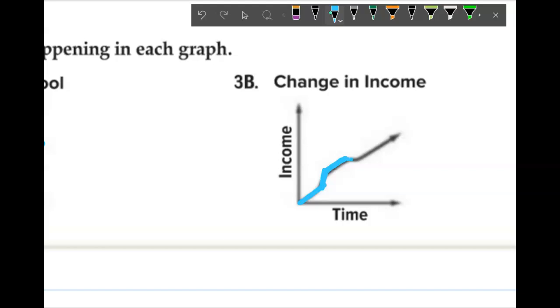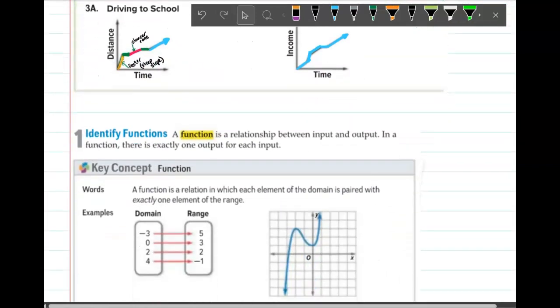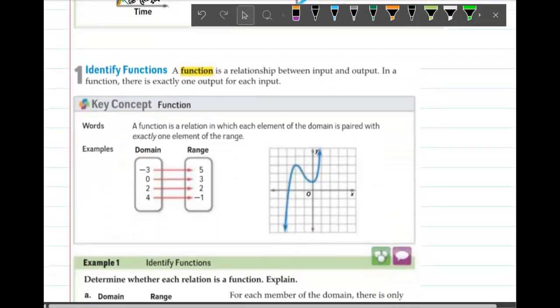And then for a few years, they didn't get a raise because the slope is 0 there. And then again, from that point forward, they were continually getting a raise each year. So that's how you can interpret those graphs from real-world examples.